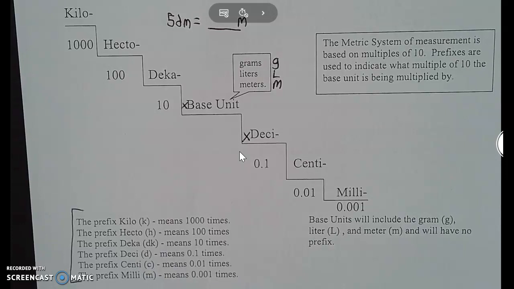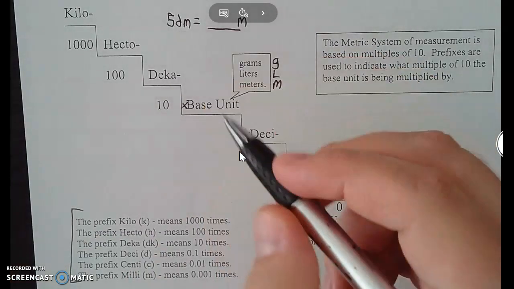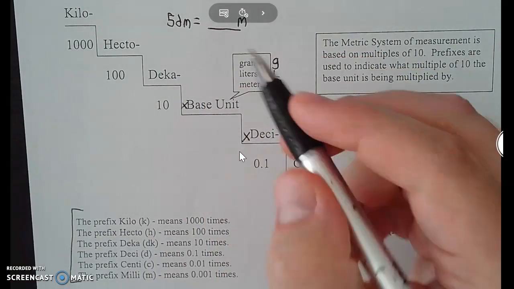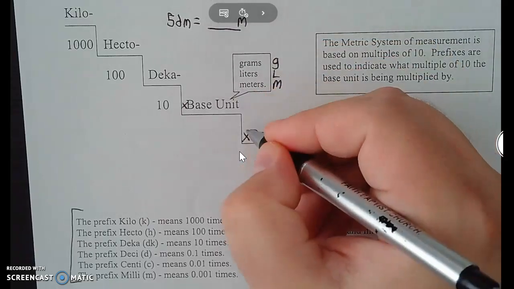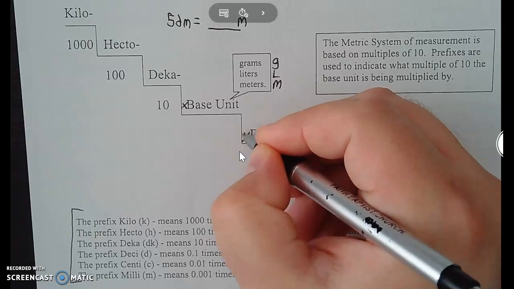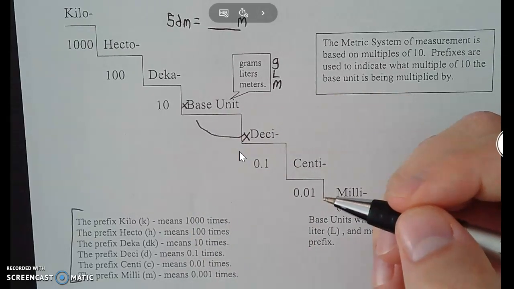So the way you do this is simple. You find out where you're starting, then you find out where you're going. You look at the staircase and see how many steps away it is, and you move the decimal the same way. Okay, so let me show you. We're starting at decimeters, which is right here. We're moving to meters, which is in the middle here. Meters is one step to the left from decimeters.